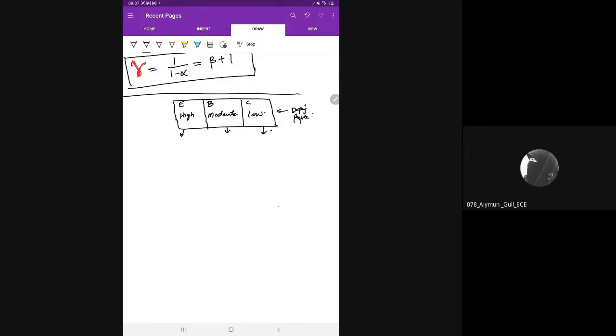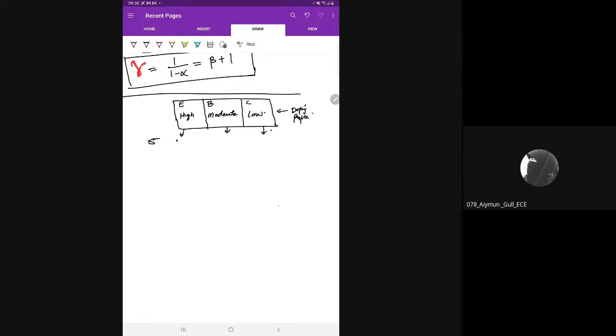As far as doping concentration or doping profile is concerned, we know the emitter has very high doping, the base has a moderate doping, and the collector region has a low doping. So when you have very high doping, conductivity sigma will be very high.